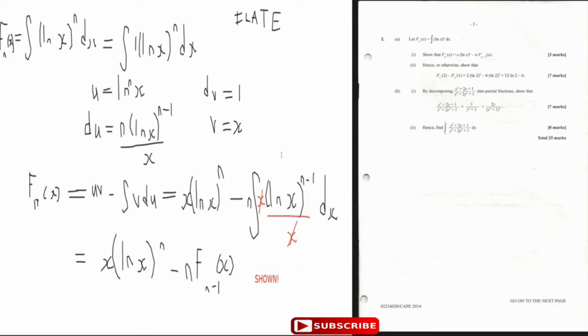Now it says hence or otherwise, show that f3(2) minus f3(1) is that right there.